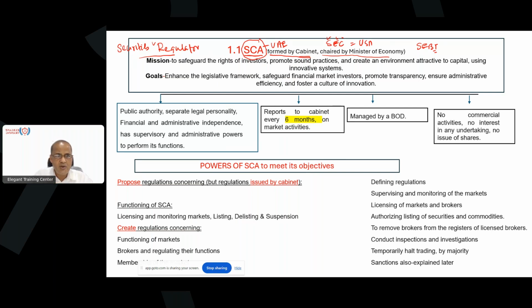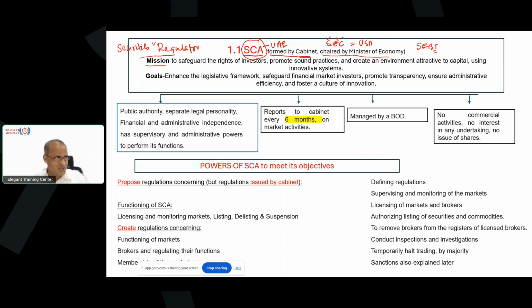Clear? What is the mission? Every entity has a mission and vision. SCA is not a commercial entity. They are regulators, so they don't have any commercial activities.